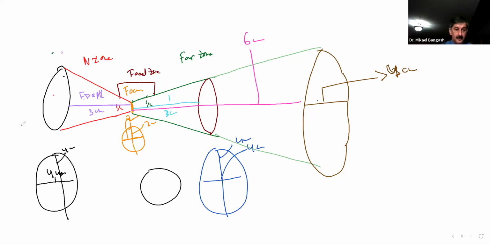But we could say, if they gave us a depth and said 6 centimeters off the focal point, then the diameter of the beam here would be 8 centimeters.